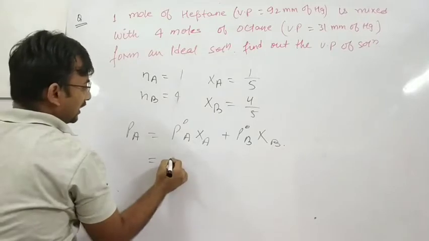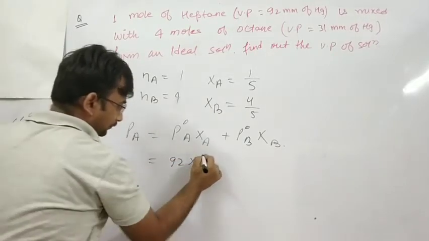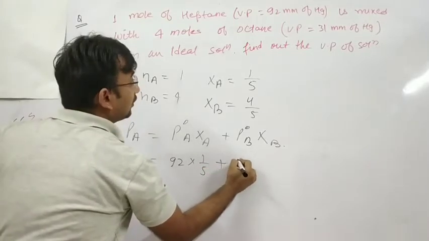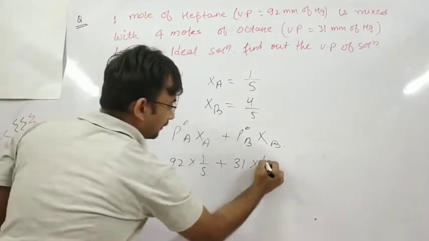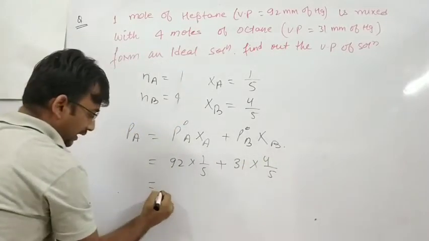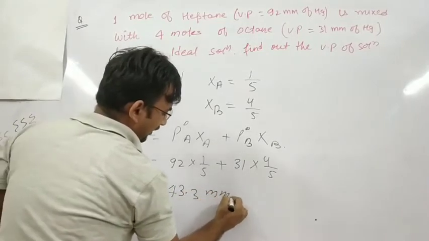P naught A is already known to us. We have 92 into 1 by 5 plus 31 into 4 by 5. When we calculate this, the final value will be 43.2 mm of Hg.